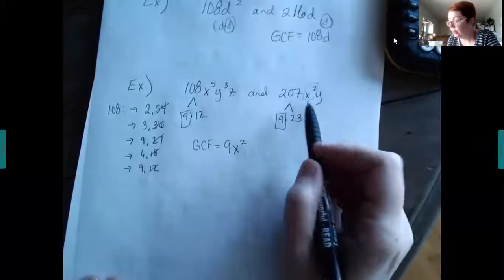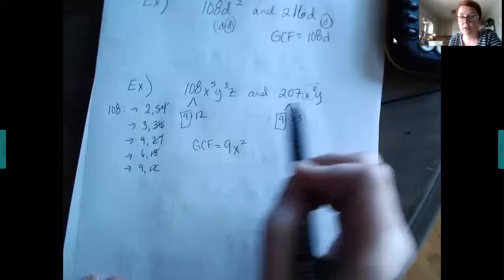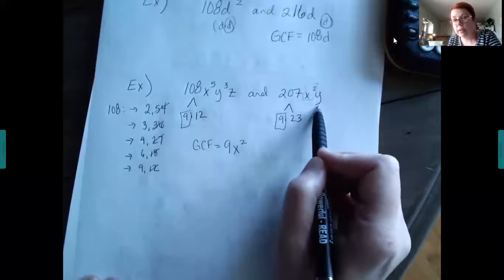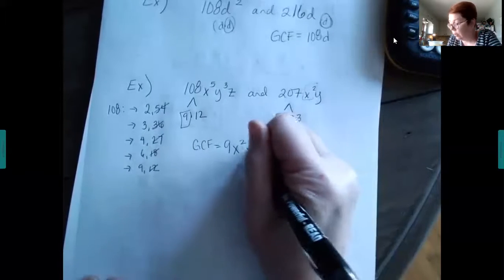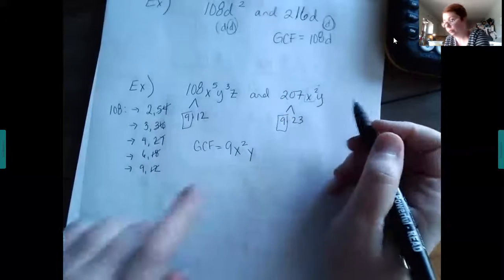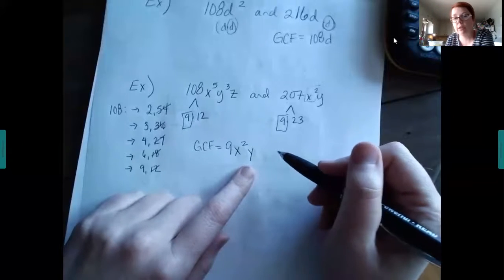Okay? This doesn't have 3 x's to give, or 4, or 5. When we look at our y's, this has 3 y's, but this only has 1. So this term only has 1 y to give. So we only have 1 y in our greatest common factor.